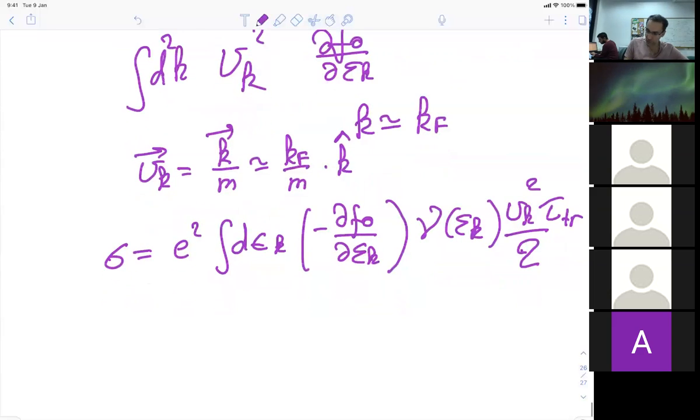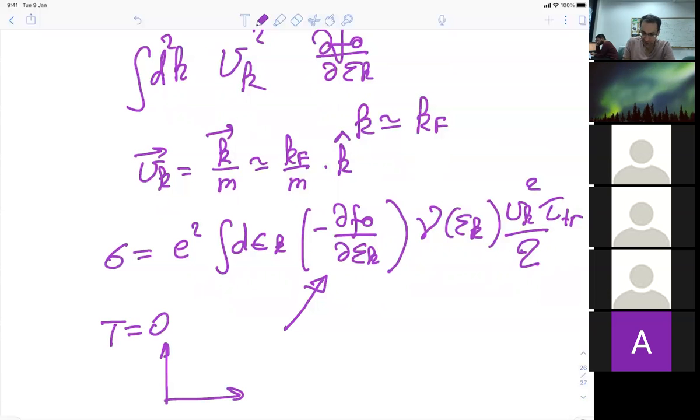Now, this object is practically a derivative of a theta function. So if the temperature is 0, think about the limit when the temperature is equal to 0. Then the Fermi-Dirac distribution function is essentially a theta function.